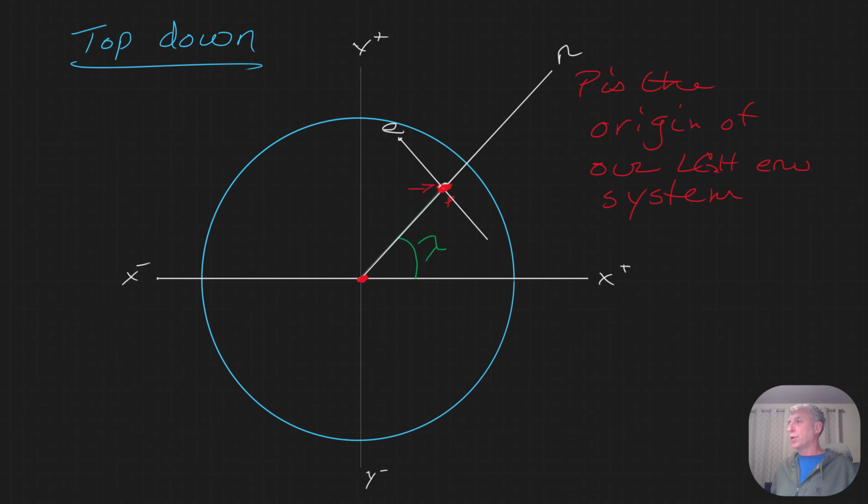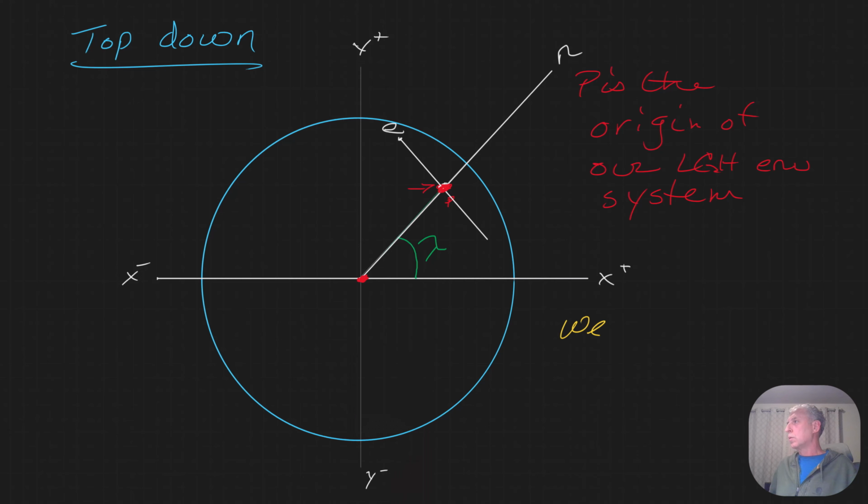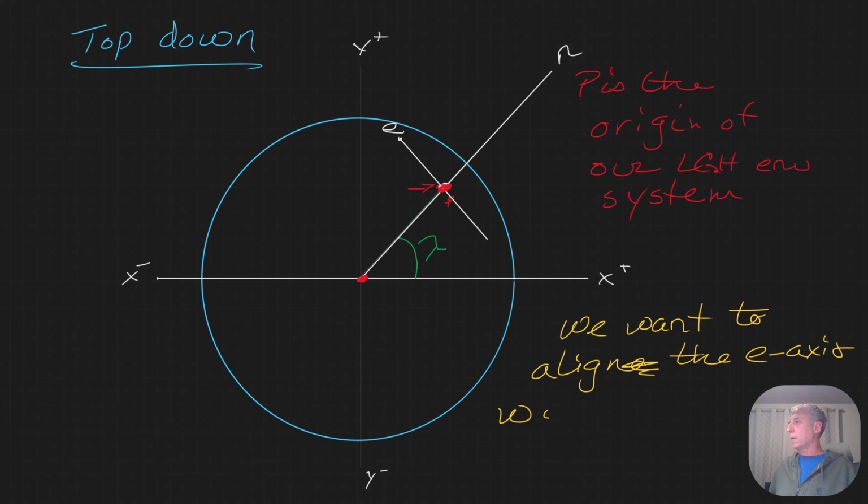So now what we want to do is align the e-axis with the x-axis. So how do we do that?